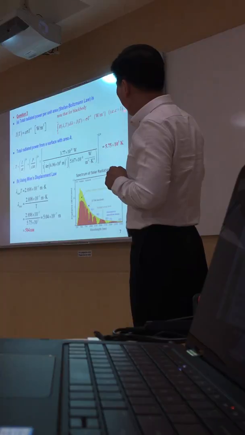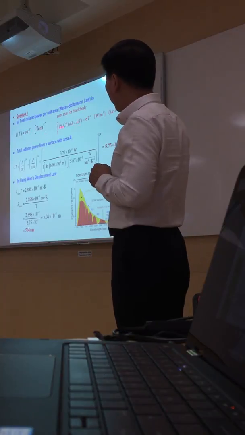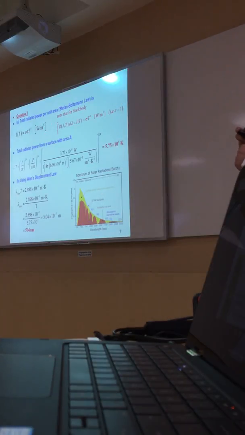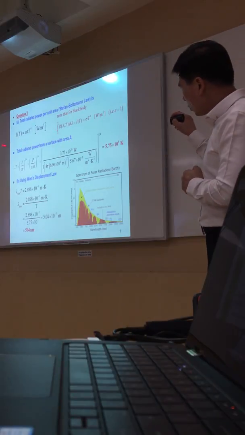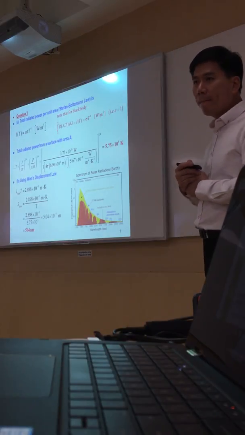Because remember, for a black body, the emissivity is 1. By showing you this, I want you to differentiate between the Stefan-Boltzmann law and Planck's radiation law. When you consider Planck's radiation law across all wavelengths, it becomes the total, which is the Stefan-Boltzmann law.